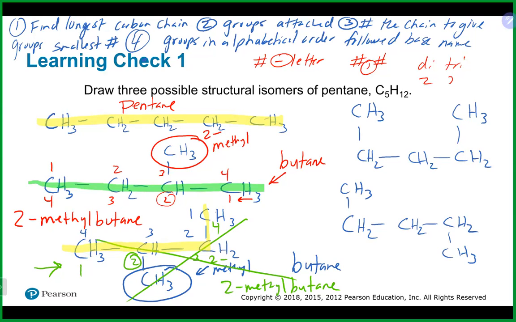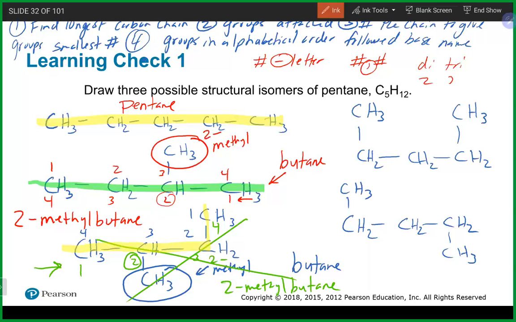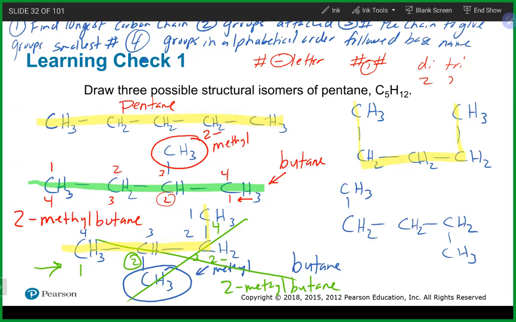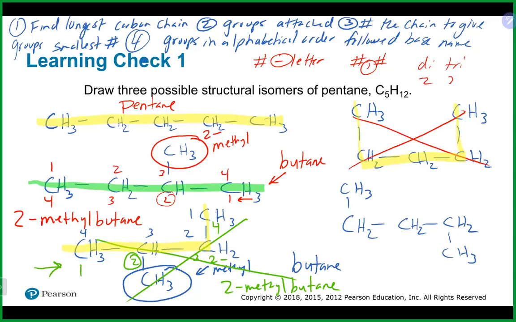All right, let's see if I salvage the rest of it. I'm not very confident. Coming here to the right, longest carbon chain is 5. 1, 2, 3, 4, and 5. The name of that's going to be pentane. Is that an isomer? It is not either. It's the same thing as my first one. I just drew it funny looking, right? So that is not an isomer either. How about my last one?